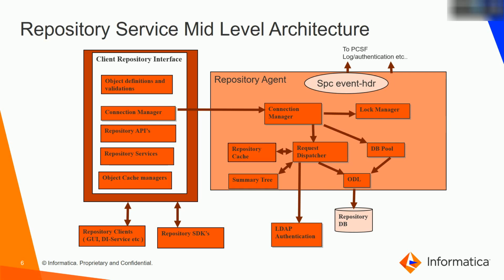The repository agent has worker threads which handle new client connections and do more activity as well. The repository service has database pool threads which manage database pools, and the repository agent has maintenance threads as well, which handle certain tasks related to HA, heartbeats, and notifications.